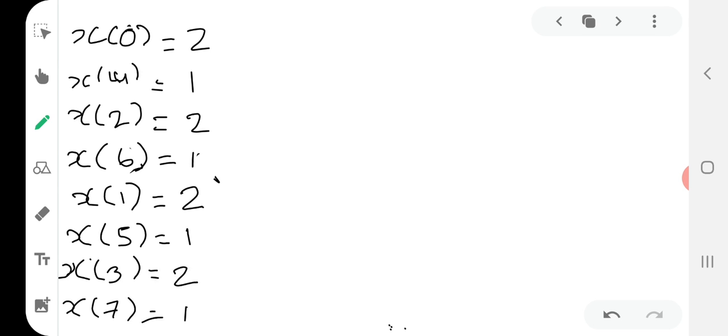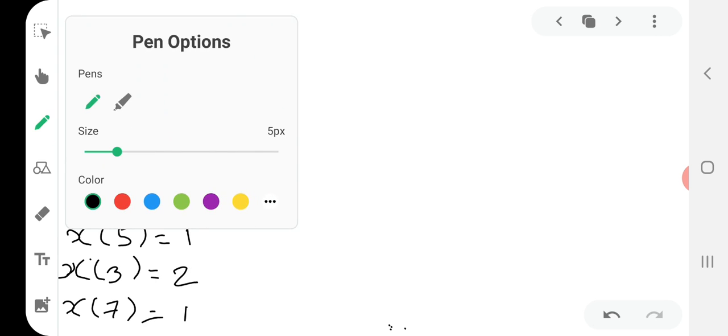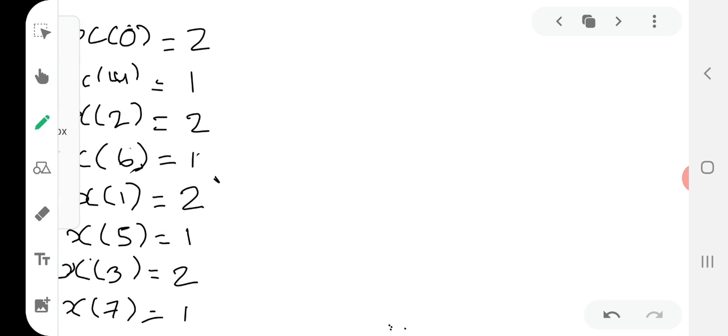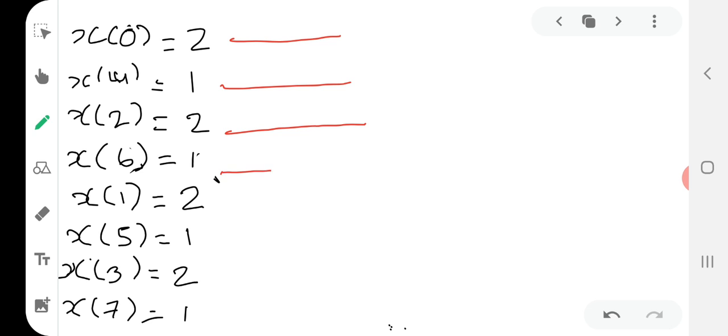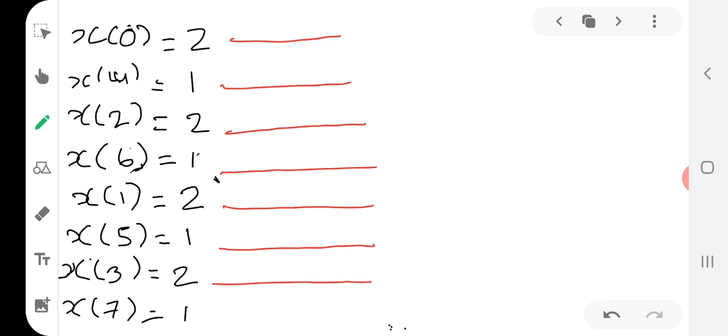Okay, now we have to draw 8 lines corresponding to this signal. Okay, then how will we draw? I will take red color and see here, 1, 2, 3, 4, 5, 6, 7, 8.